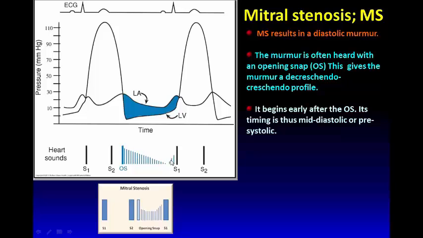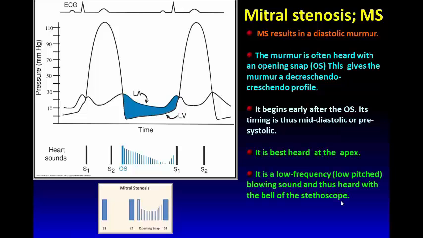mid-diastolic to pre-systolic murmur. The murmur sounds like this: lub, lub, to brrr, lub, dub, lub, dub, to brrr, lub. So it is a rumbling murmur which is heard immediately after the opening snap.